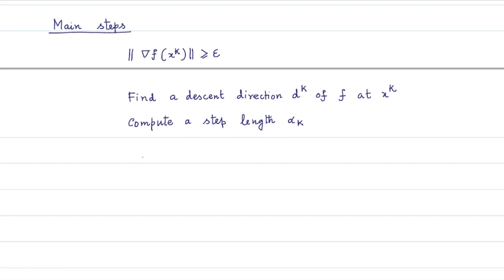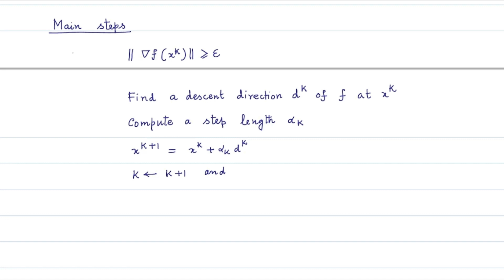After identifying a step length, we update the current iterate by xk plus 1, which is given by xk plus alpha k dk, and increase the iteration counter to k plus 1, and next check whether the current iterate xk plus 1 satisfies the stopping condition, that the norm of the gradient of f at xk is less than epsilon or not.